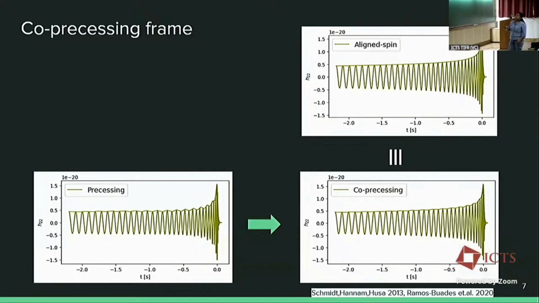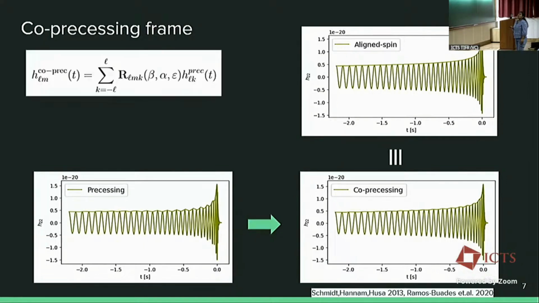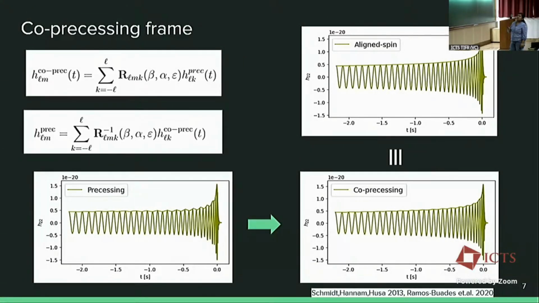And there is another approximation that says that this co-precessing waveform mode can be identified or approximated by the aligned-spin waveform mode. So here I'm showing that. If you have a precessing waveform mode, let's say any mode, you can use some rotation to transform it to a co-precessing frame. And then you can just do the inverse transformation. Let's say you have a co-precessing waveform mode, you can just use the inverse rotation to get a precessing waveform mode.